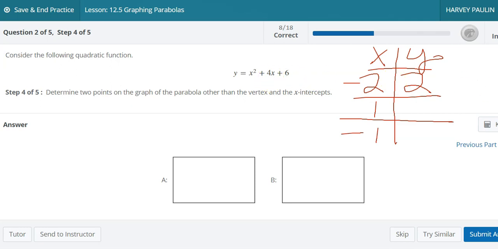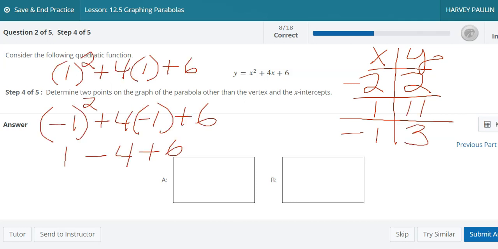So we have to write it out twice, and I'll do it, and then you do it too. So let's check these out here, and again, substituting carefully. We did things like this earlier in the course. Squaring a negative still gives you a positive. And then -1 times 4 is -4. So this is 7 minus 4 is 3. And here this is just 1 plus 4 plus 6 is 11. So these are the 2 points I'm going to include because we're going to have to graph this here shortly.